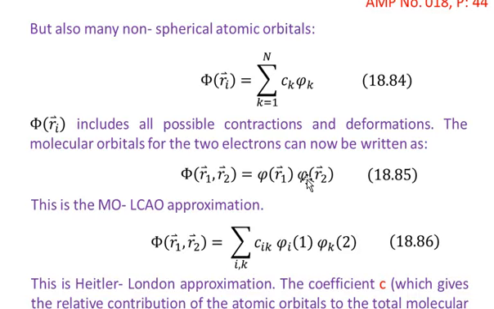But you know that under the molecular orbital LCAO approximation that we are introducing over here, we are including the non-spherical atomic wave functions also. We have written this as a wave function of the molecular orbital LCAO approximation. Under the second improved approximation, phi of R1 R2 is equal to the summation over i and k, containing C_ik, phi_i of 1 and phi_k of 2, which means that electron 2 belongs to phi_k and electron 1 corresponds to phi_i, and these C_ik are the normalization constants.